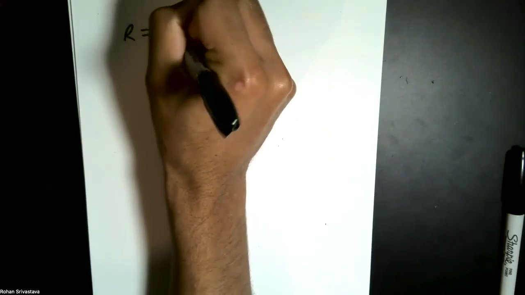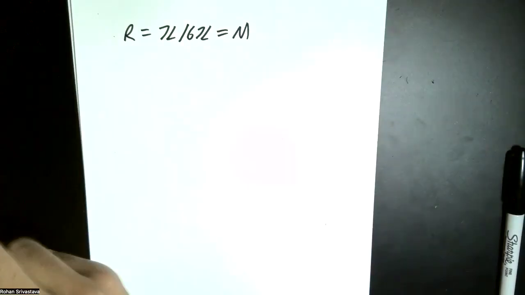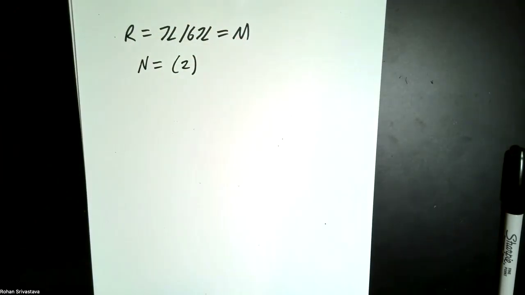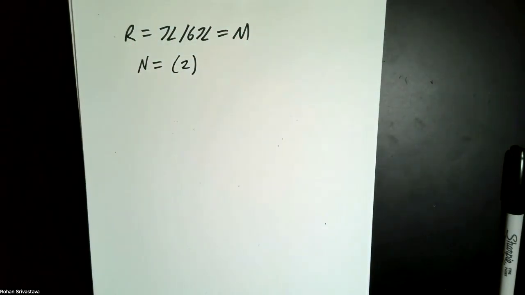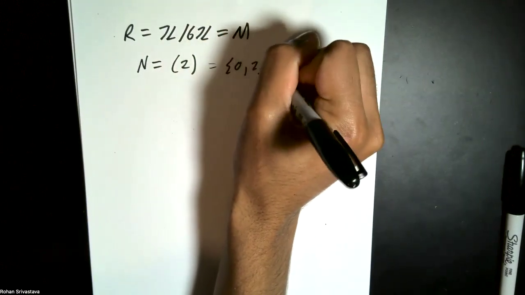So another example would be like, let R equal Z mod 6Z and let M be the same, and then let N be the ideal generated by 2. And then again, we would have a linear dependence relation. So N is like 0, 2, 4, right?